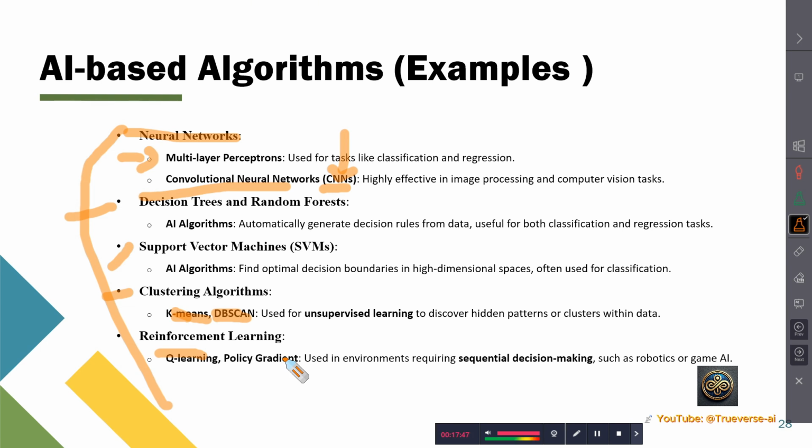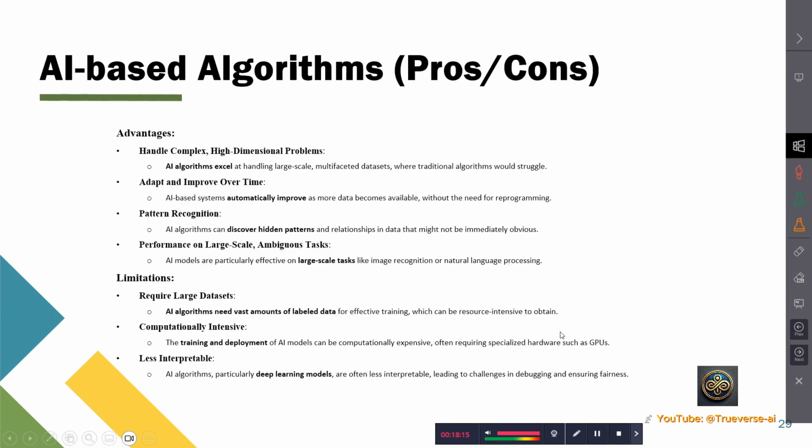The advantage of reinforcement is learning from mistakes, sequential learning. This is usually in machine learning. Reinforcement learning is one of the famous algorithms. So let's see some pros and cons of AI, right?